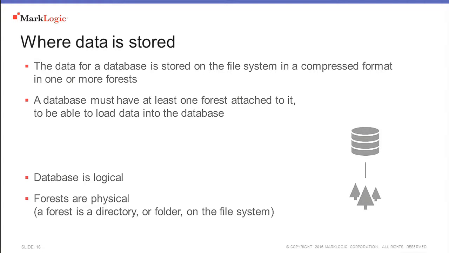And so that's going to be a forest. A forest is really just a directory, a folder, that you specify on disk. And then you attach that location to your database so that when data gets loaded into the database, it, in the background, behind the scenes, goes down into that directory, which you have defined as your forest.